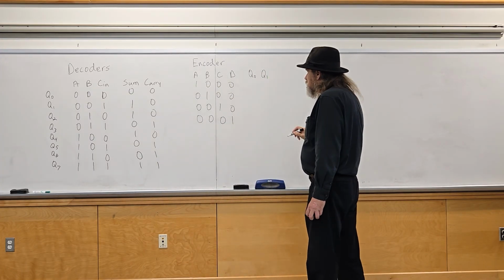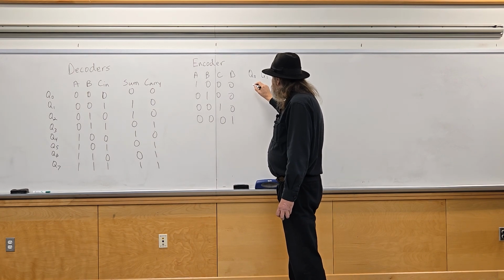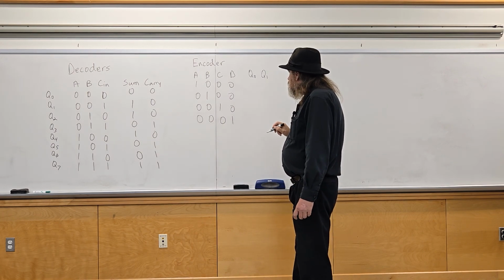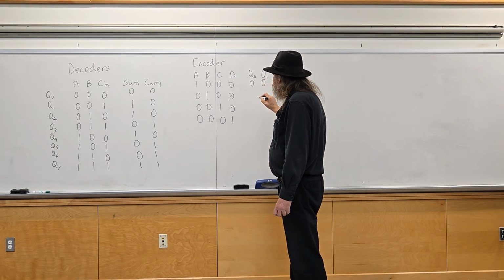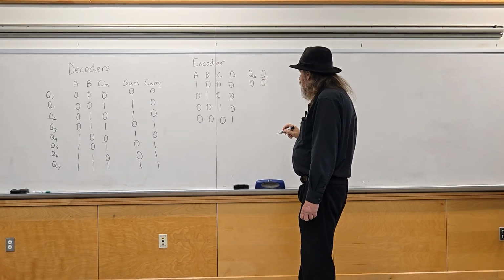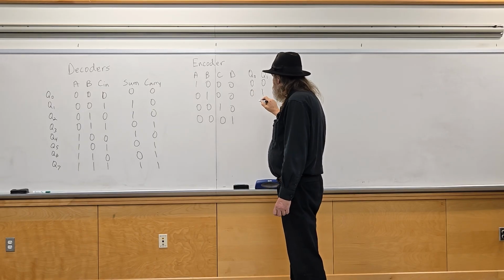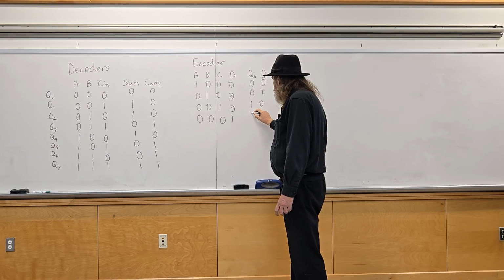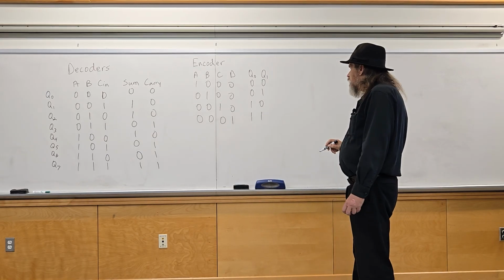You want Q0 and Q1 to be 0, 0 when A is high, 0, 1 when B is high, 1, 0, and 1, 1. Okay?